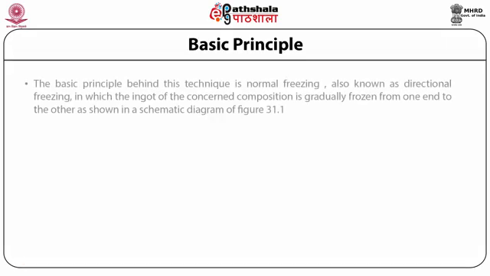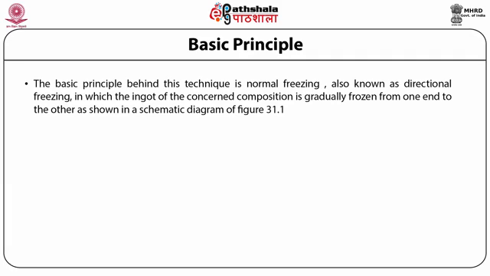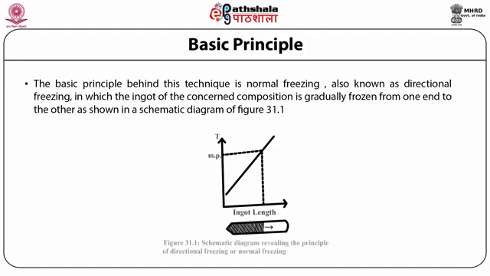Basic principle. The basic principle behind this technique is normal freezing, also known as directional freezing, in which the ingot of the concerned composition is gradually frozen from one end to the other as shown in a schematic diagram of figure 31.1.